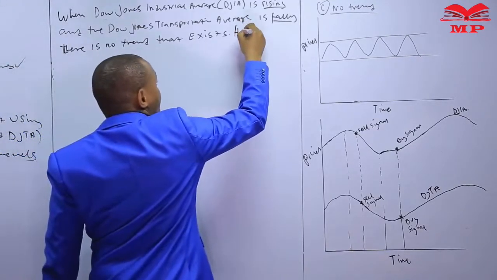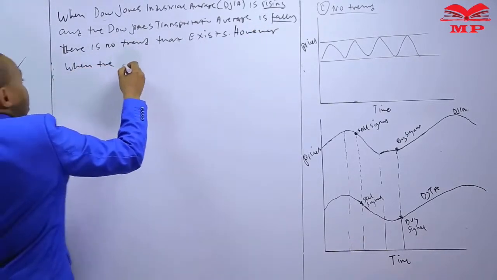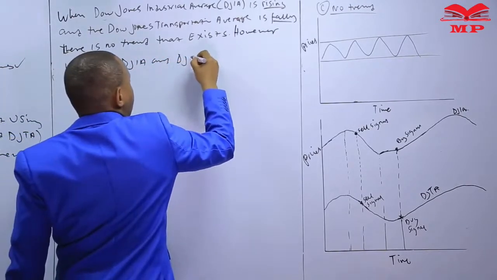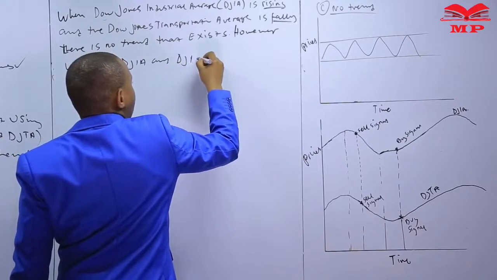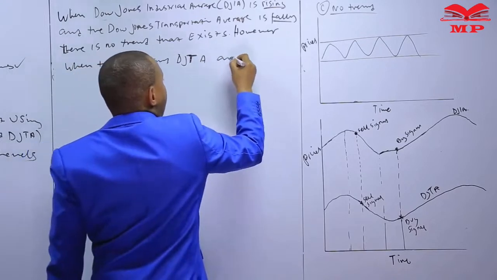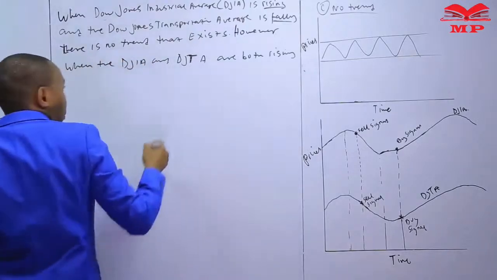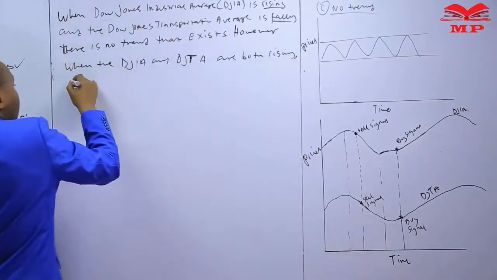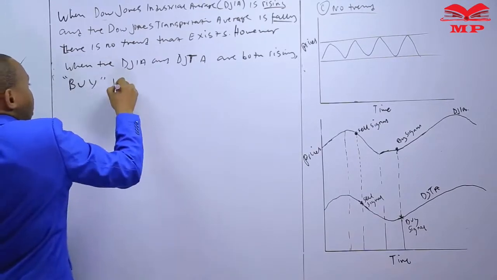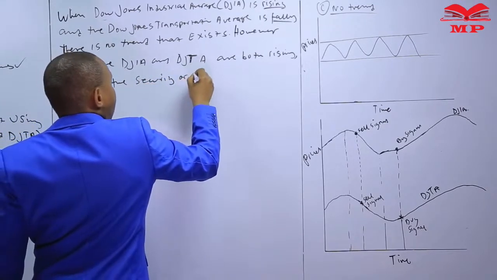However, when the DJIA and the Dow Jones Transportation Average, DJTA, are both rising, buy the security or asset.